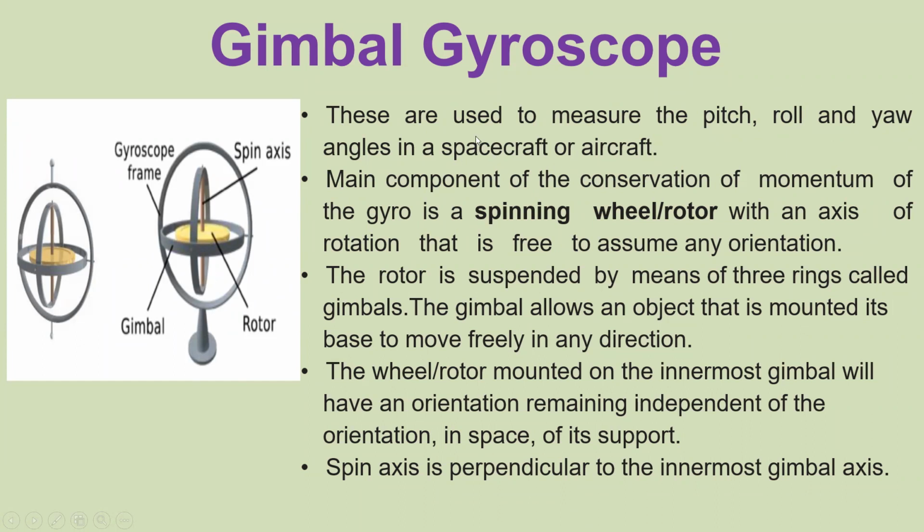For instance, in an aircraft, when it is horizontal and when it is at its natural position, if the rotational angle is 0 degrees, 0 degrees, and 0 degrees, when it is rolled by say 10 degrees, then it will be 10 degrees, 0 degrees, 0 degrees.